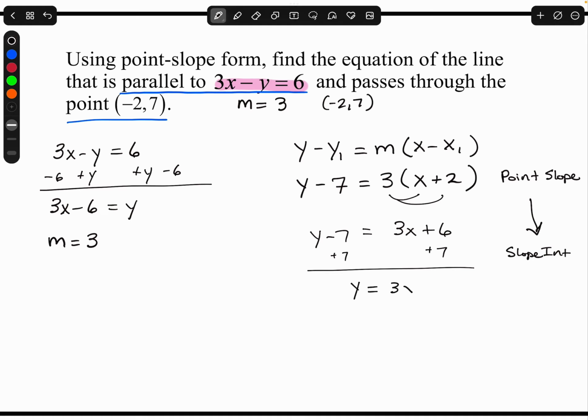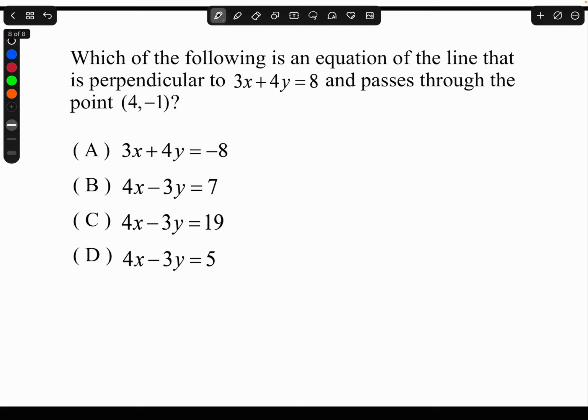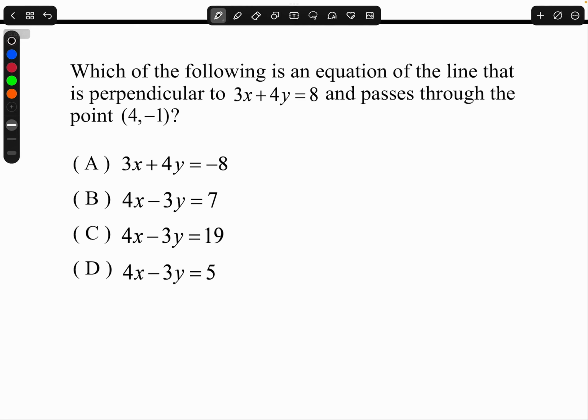Add the 7 across, and your slope-intercept form would be y equals 3x plus 13. So it's a little bit quicker way. If you're given a point and a slope, try to use the point-slope form. But remember, the actual answer for this one is the point-slope form, because they were asking us for point-slope form. I was just extending it a little bit, showing you how you could use it.